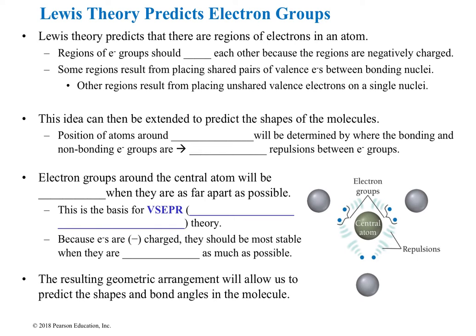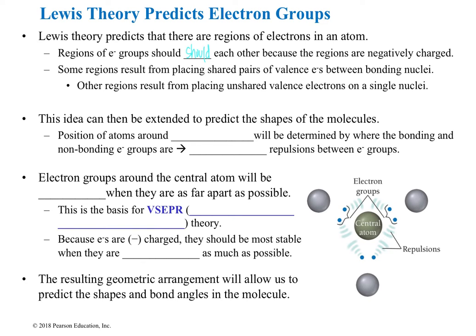So we know that electron groups should repel each other because they are all negatively charged. And so what we can do here is to think about how many electron groups there are on a central atom, and then use that to think what kind of shape is going to be formed to minimize repulsions.